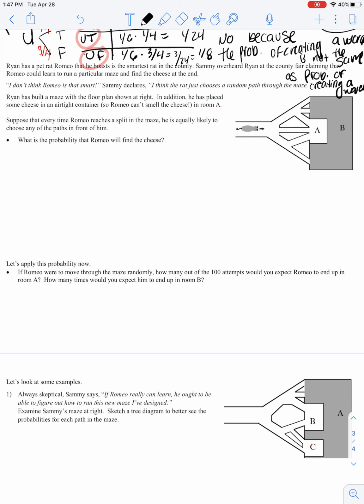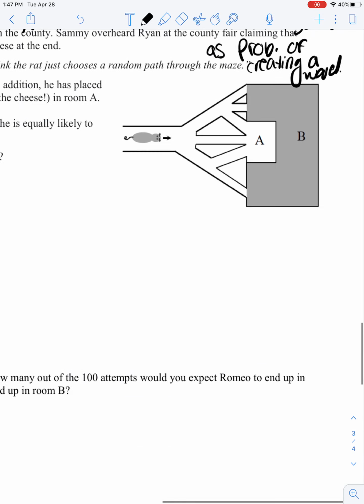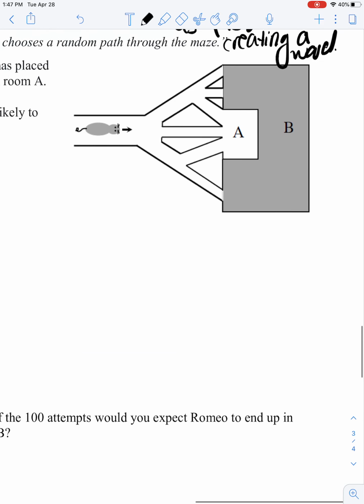Well, let's first of all take a look at this and redraw it into a tree diagram. This already kind of looks like a tree diagram, so I'm just going to recreate it. In the very first intersection here, Romeo has 3 options, so I drew the first 3 branches.